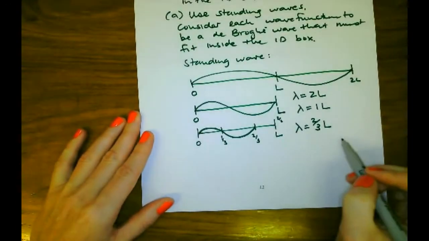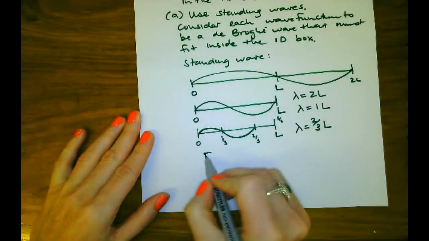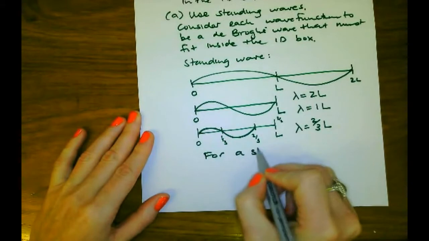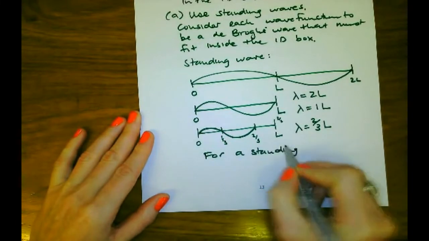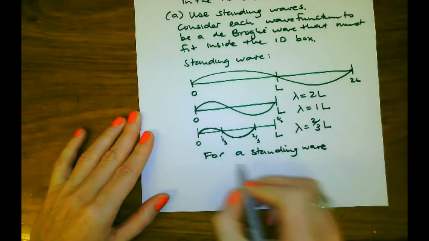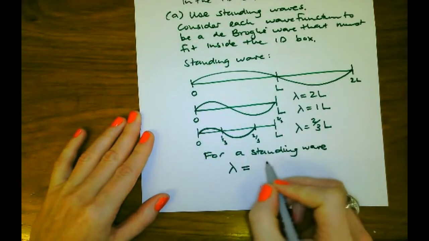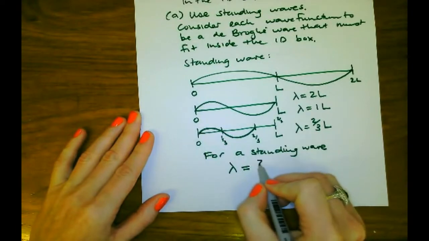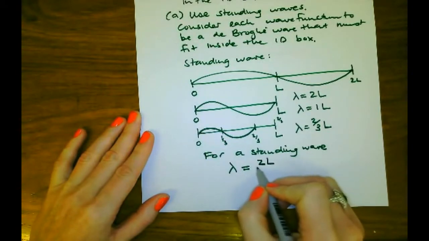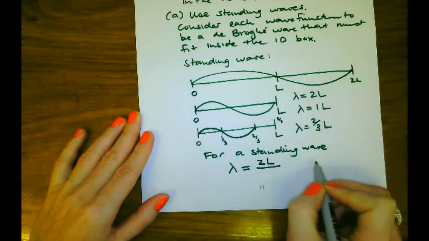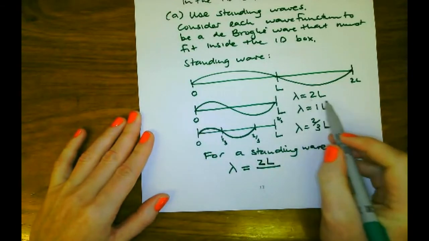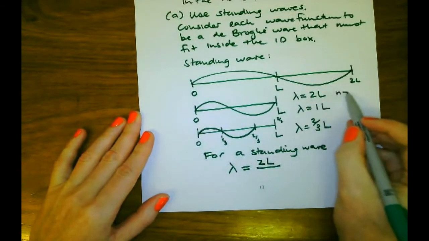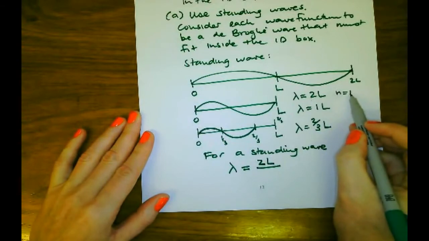So if you were to express this wavelength of the standing wave, one can say for a standing wave, the wavelength can be expressed as 2L divided by something. In that case, that something is 1.